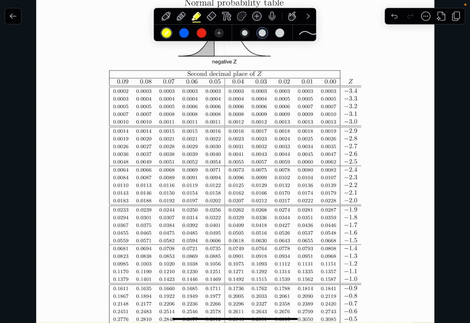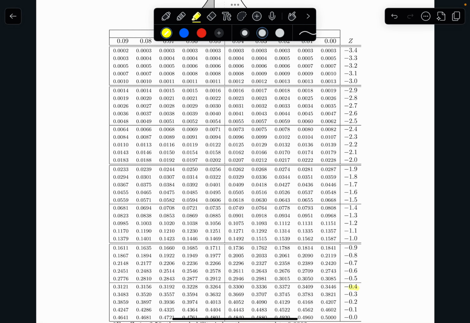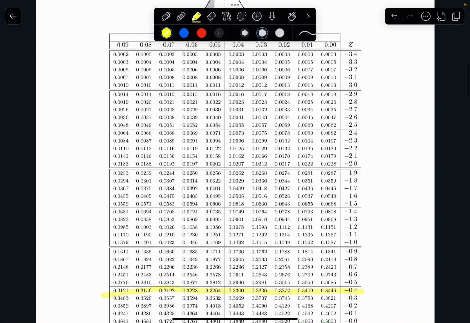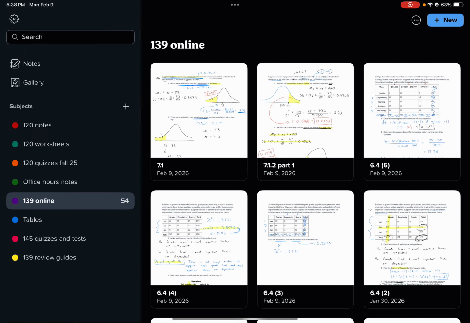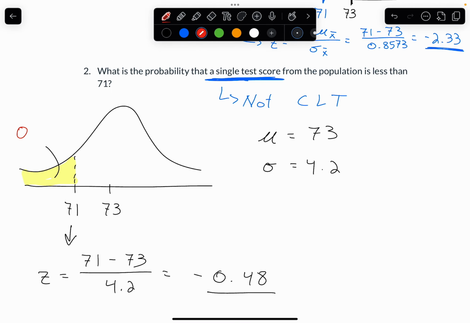This time I'm looking, here's negative 0.4. This is our row. 8 would be all the way over here on the left. So our area to the left is 0.3156. So the probability that we're working with is 0.3156. There is our probability.